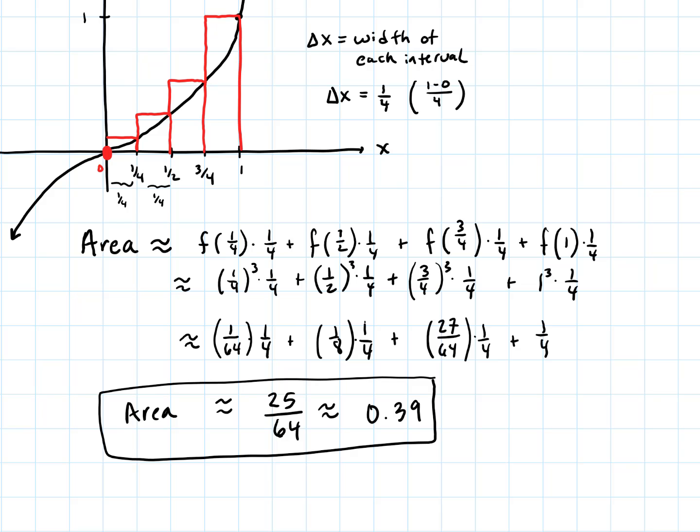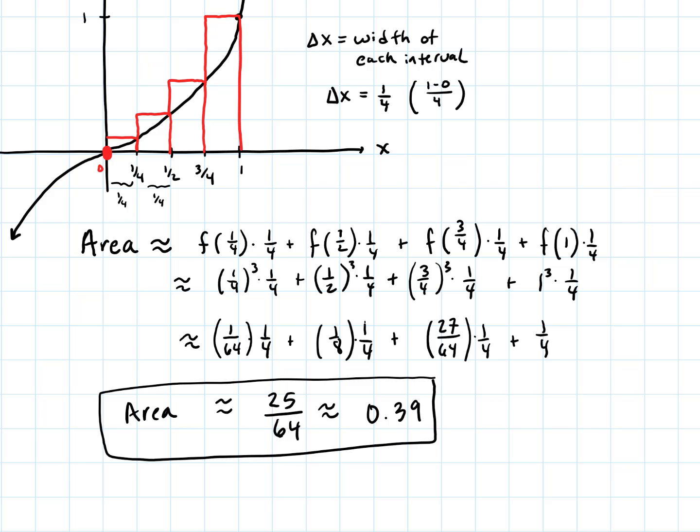So what we have found here, and I sped up the video a little bit so you didn't have to watch the actual mechanics of plugging those into a calculator, is an area that is approximately 25/64, or in its decimal approximation, 0.39.